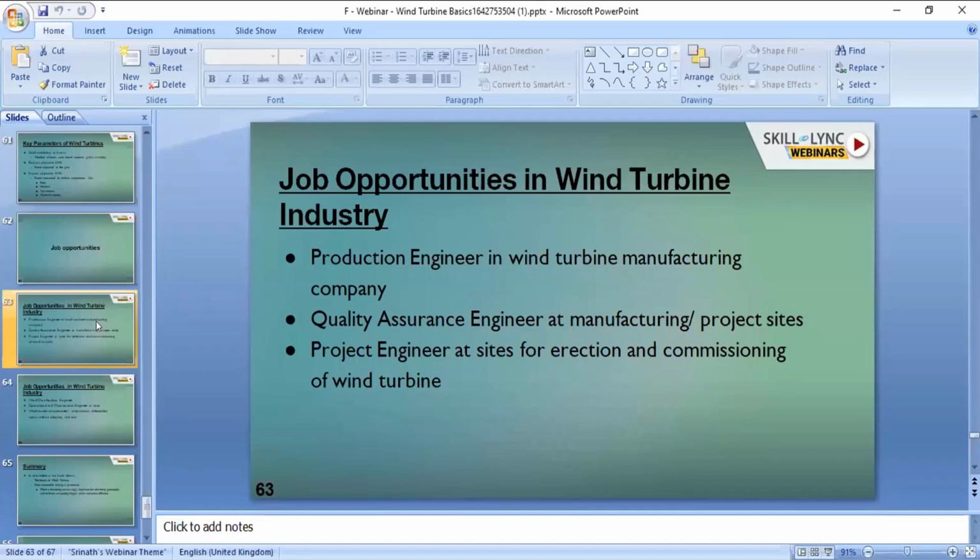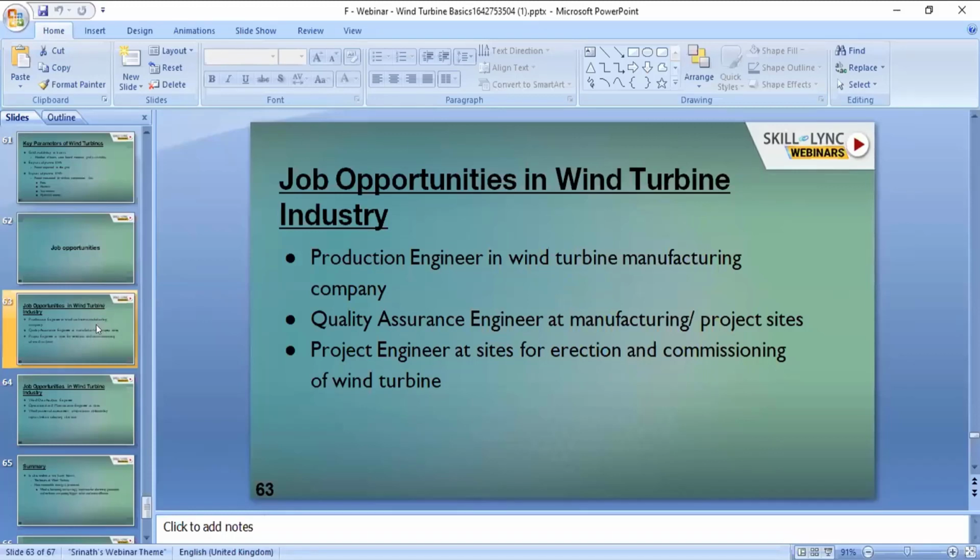Computer engineers work on SCADA, communications, and so on. So almost all engineers can find jobs in the wind industry.